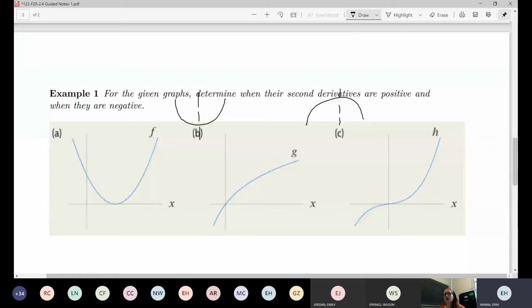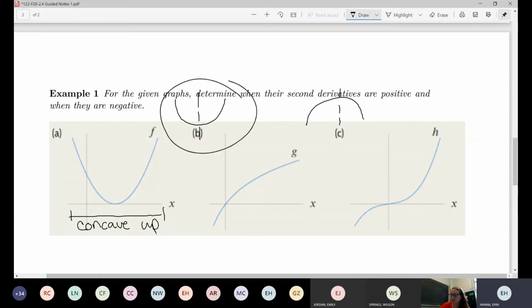So if we look at letter A, well, that essentially looks exactly like our entire concave up thing. So this entire piece through this entire section is all concave up, because it essentially looks exactly like our concave up options.